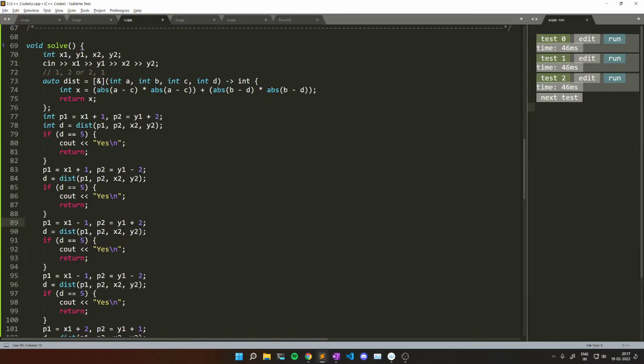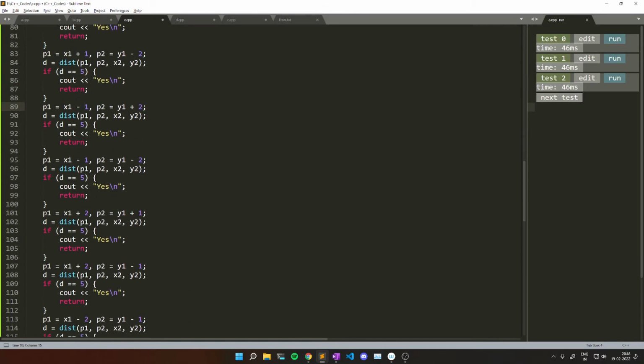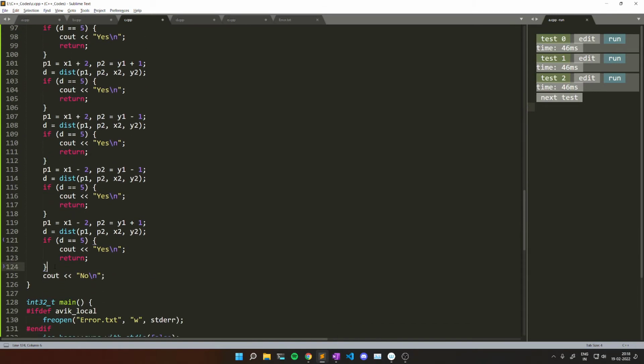Now I am checking the distance between the point p1 p2 and x2 y2. If this also gives me 5, which means the distance is root 5, then this point is the lattice point which is exactly root 5 distance away from both x1 y1 and x2 y2. So I print yes and return from the function. And after checking all the possible combinations, if I did not find any, then I simply print no.